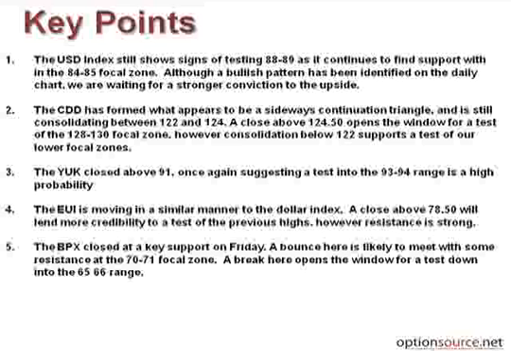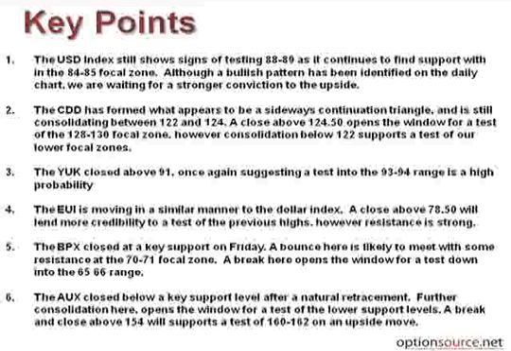A break here opens the window for a test down into that 65-66 range. And finally, the AUX closed below a key support level after a natural retracement. Further consolidation here opens the window for a test of that lower support level. A break and close above 154 will support the test of a 160 to 162 area on the upside move.